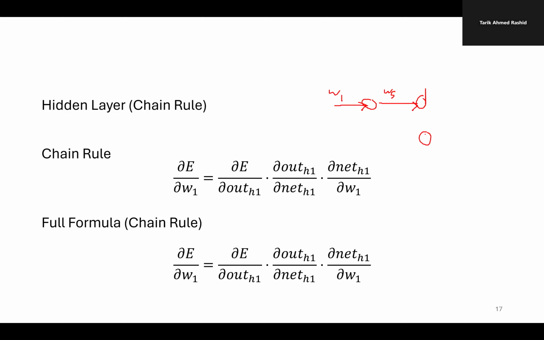So in this scenario, we will have this delta 1 and this delta 2 for neuron 1 and neuron 2 for the output. We multiply by their weights, that's the sigma, and then delta out over delta net and delta net over delta W.